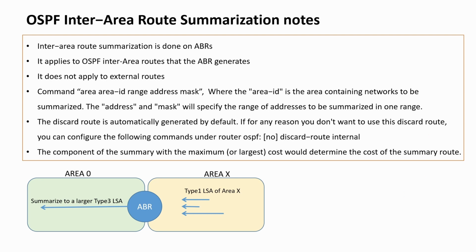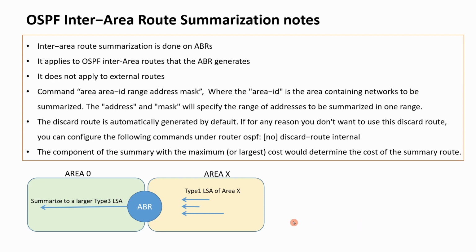The address and the mask specify the range of addresses to be summarized into one range. The discard route is automatically generated by default. If for any reason you don't want to use this discard route, you can configure the following command under router OSPF: no discard-route internal. The summarized route's cost is determined by the maximum cost of the components.